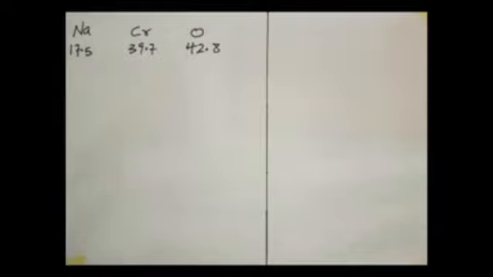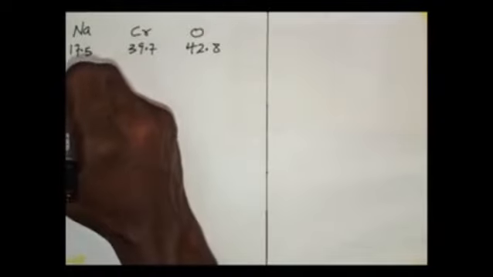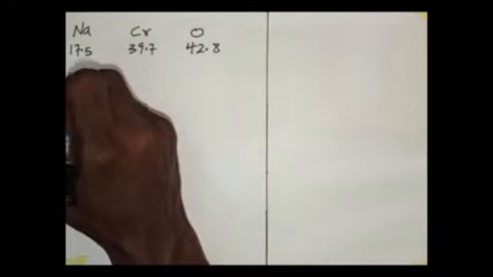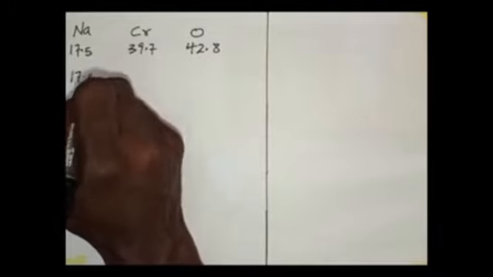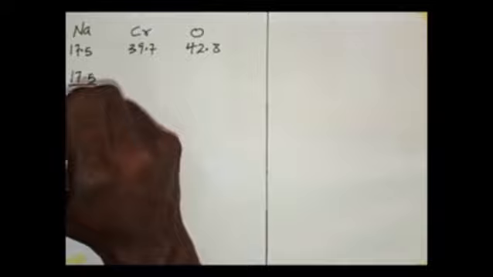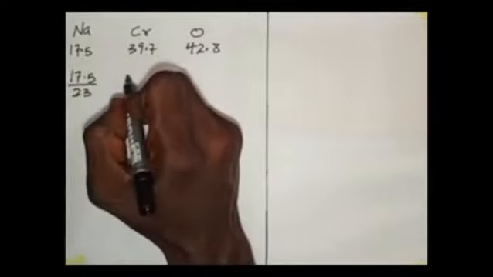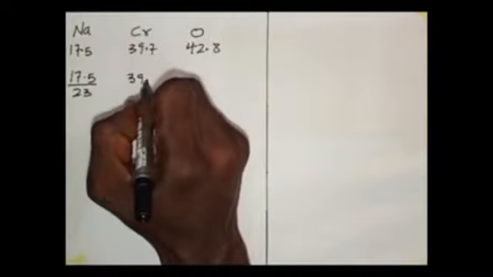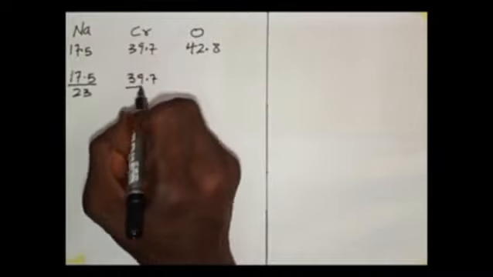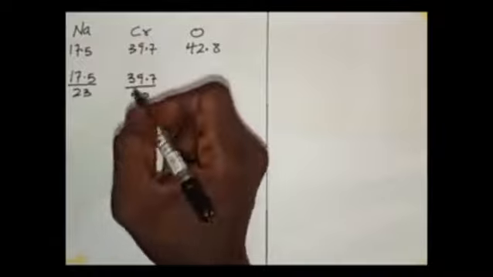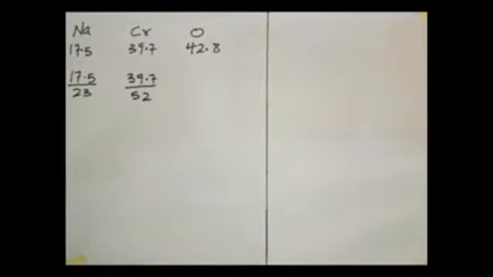Starting from sodium, which is 17.5, I'm going to say 17.5 divided by 23. The atomic mass of sodium is 23. Now I'm going to divide 39.7 by 52 because the atomic mass of chromium is 52.